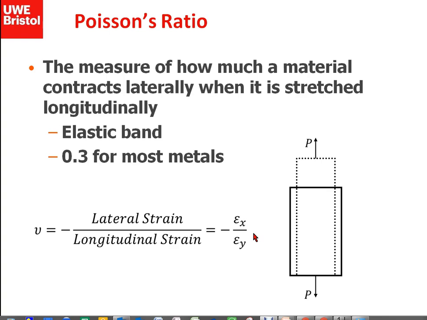Now x moves inwards. So x is not elongating, but contracting, as it were, so we're given a negative value. So we've got a negative value divided by a positive value. So Poisson decided to put a minus in front so that we'd end up with Poisson ratios that were positive. Okay.